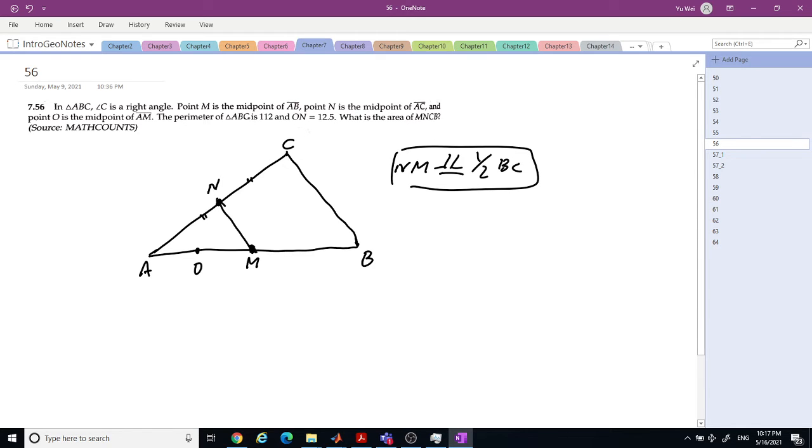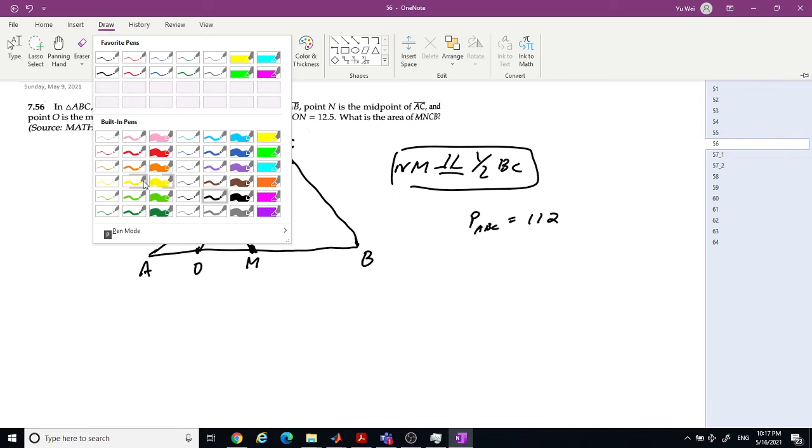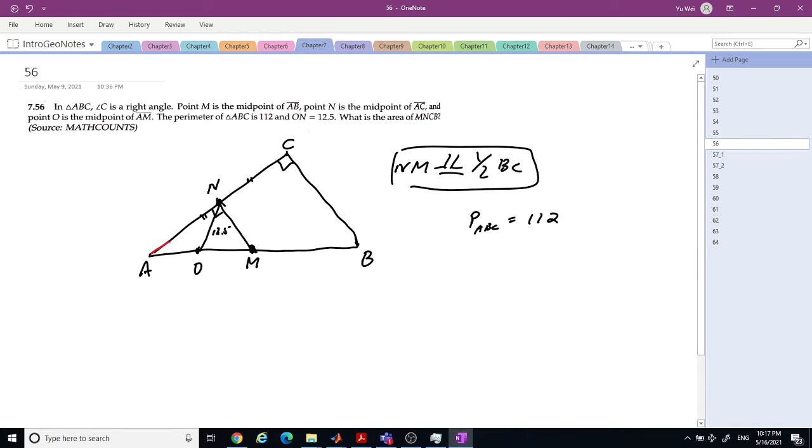The perimeter of ABC is 112. So P of ABC is 112, and ON is 12.5. This is 90 degrees, so this is also 90 degrees. So you can see this is a right triangle.